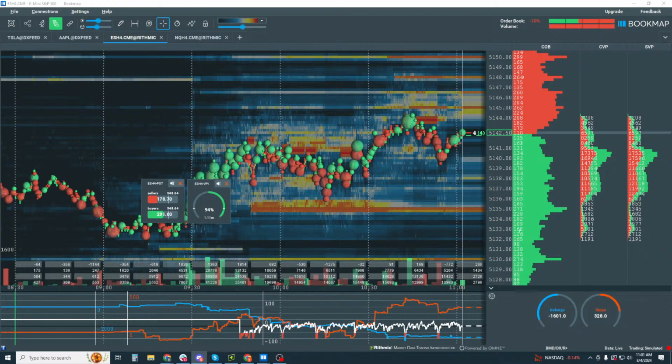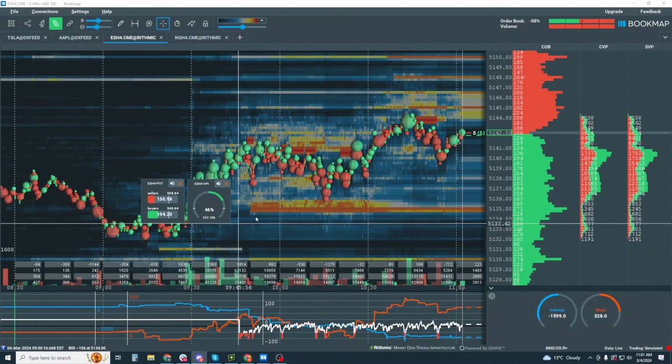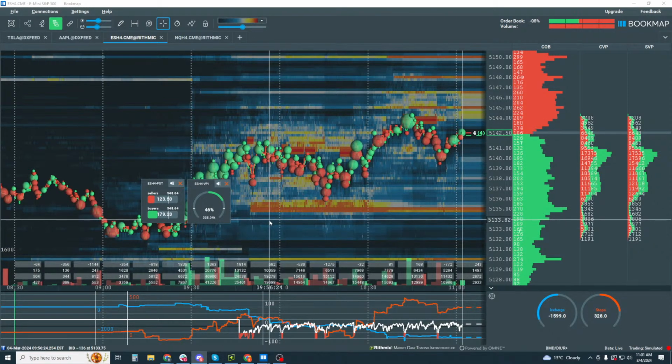Okay, there's our, again, volume pressure. Nice on the buy side. Pace of tape though? Nope, not much there. Shark Blue, okay, let me get back to your question.